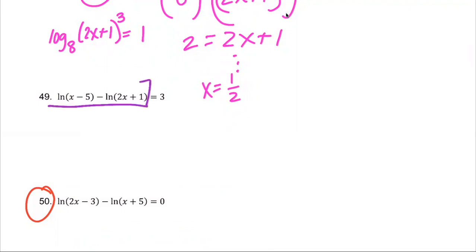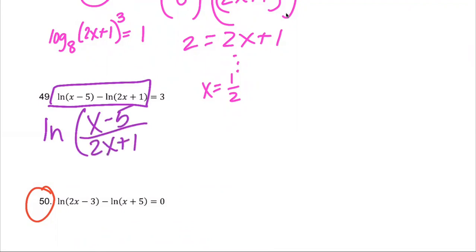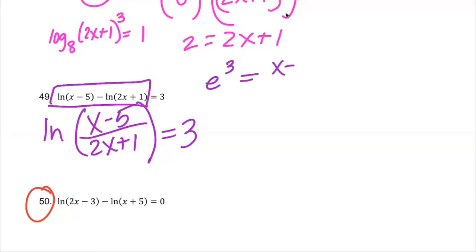Since it's a minus, I would say that it is natural log of x minus 5 over 2x plus 1 equals 3. These are the best kind because then you have fractions. So from here, I'll convert to exponential form, which would be e to the third equals x minus 5 over 2x plus 1.